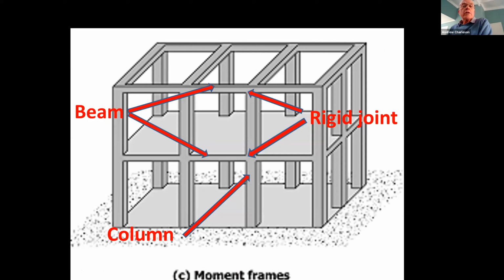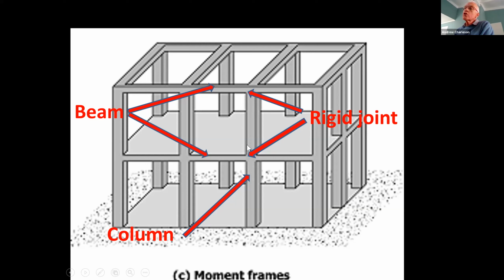The final system that you can choose is that of moment frames. And here's a little building that is resisting gravity and earthquake loads using moment frames. A moment frame consists of three elements really: columns, beams, and rigid joints.